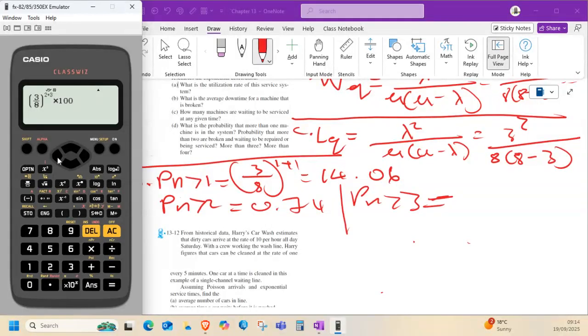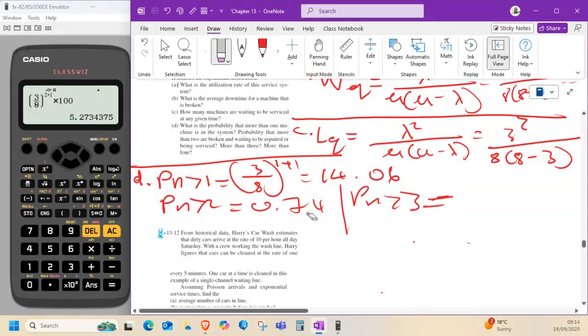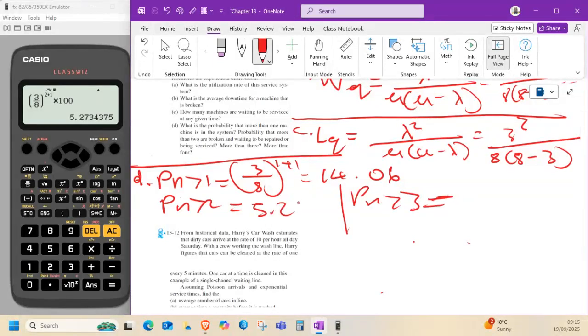you do that. Wait, my formula is incorrect. It's supposed to be 2 plus 1. That is a 5. So this, apologies, this is wrong here. It is 5.27%.